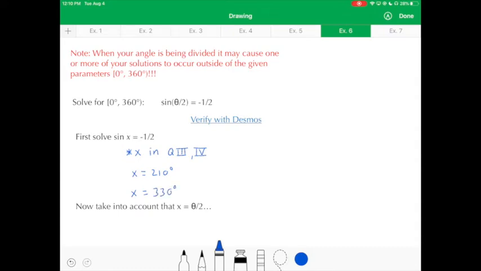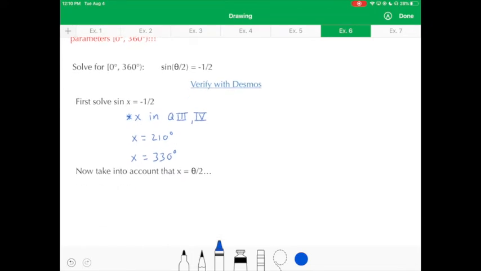Okay, so now bring into play that x is really equal to theta over 2. Set theta over 2 to 210, set it equal to 330. Now if you solve those for theta, you'll end up with 420 degrees, and you'll end up with 660 degrees.